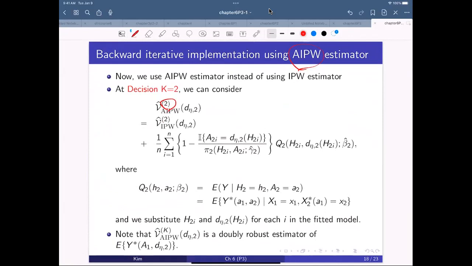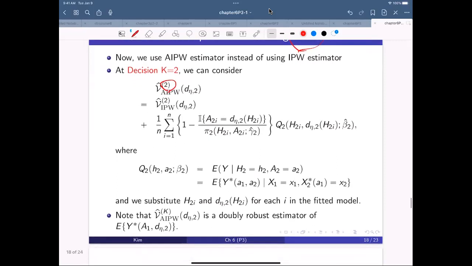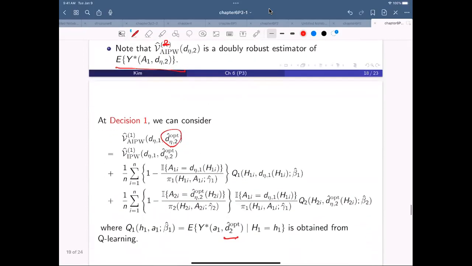We just leave A1 as a given history. So this one is a doubly robust estimator for Y star given A1 and T2. And then optimize, then plug in, and optimize with respect to eta 1, D1.